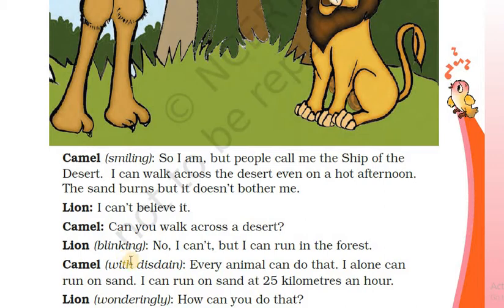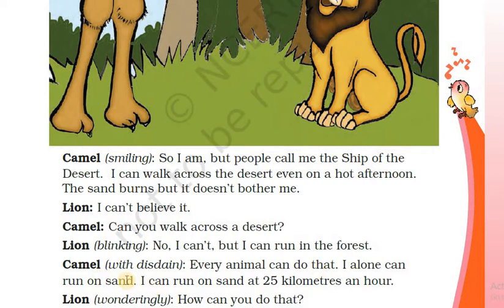That is called blinking. Lion blinking. "No, I can't. But I can run in the forest." Lion is giving the answer to the camel that no, I can't walk across a desert, but I can run in the forest. मैं desert में walk नहीं कर सकता, लेकिन मैं forest में run कर सकता हूँ. Forest means जंगल.